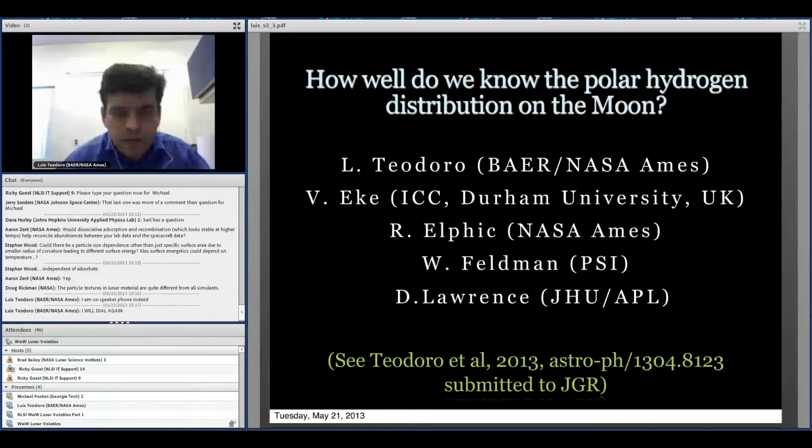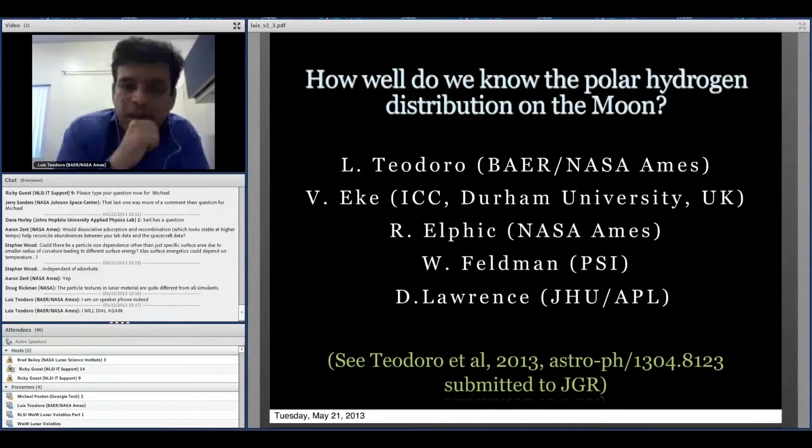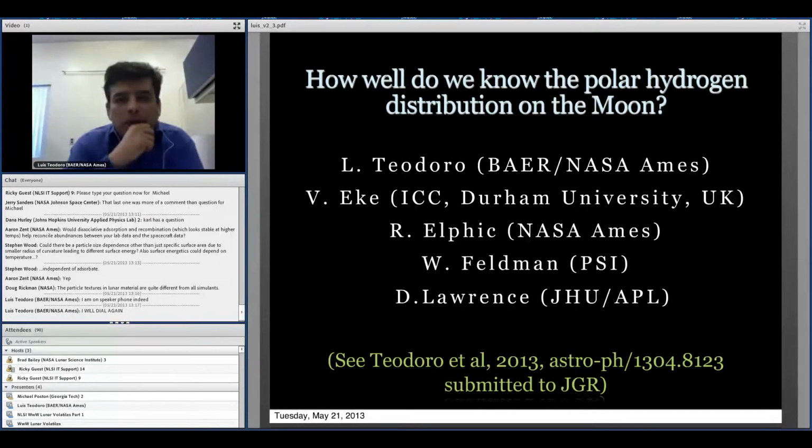I'm going to be speaking about an effort of understanding what the two neutron detectors have been mapping in the polar regions of the moon.